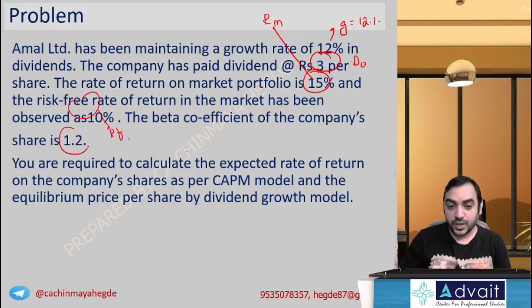Beta coefficient is 1.2, which is beta. So you are required to calculate the expected return as per CAPM model. So return of security, cost of equity as per CAPM model, is given by RF, which is 10, plus RM minus RF, 15 minus 10, into beta 1.2.